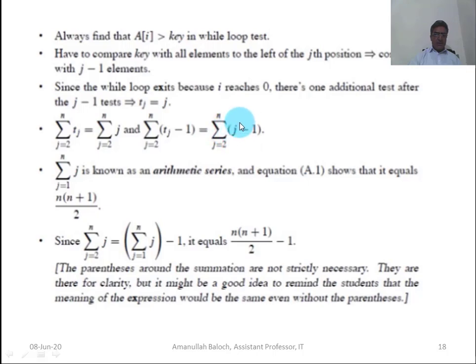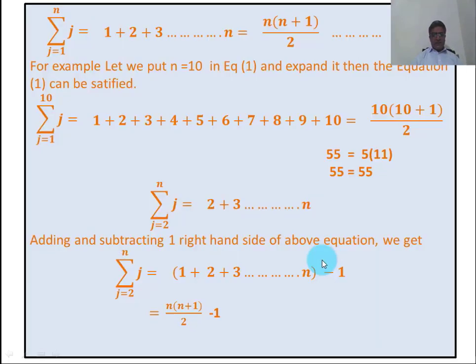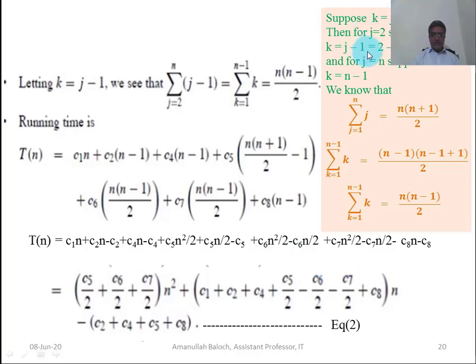So how will we convert it into the general form, that is, in the form of an n equation? Look here. The scenario is sigma j is equal to 2 to n, j minus 1. We have to convert it into this form. How will it be converted?